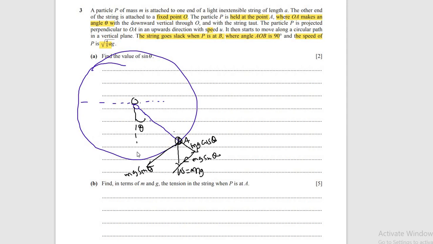Now remember the question said P is projected perpendicular to OA. Downward is mg sin theta, but it's projected perpendicular to OA like this.